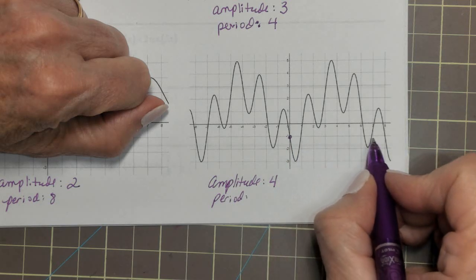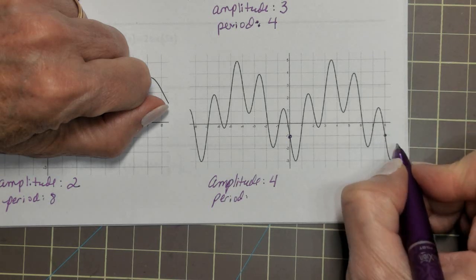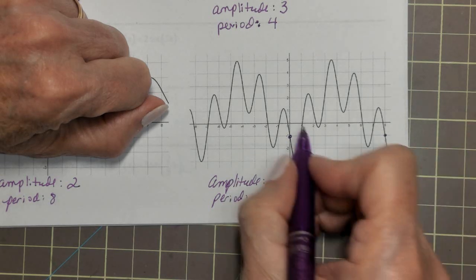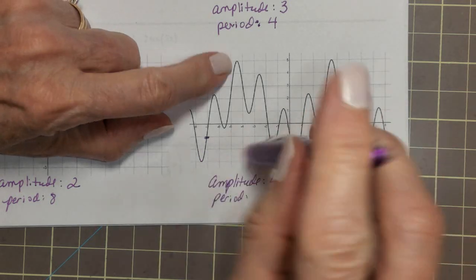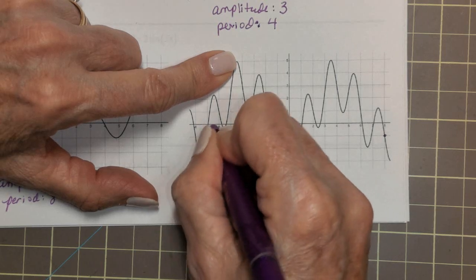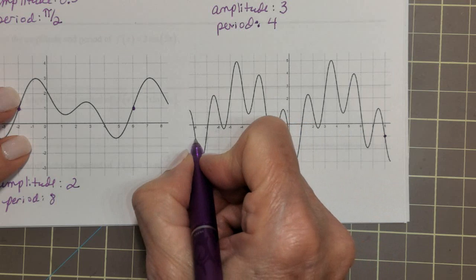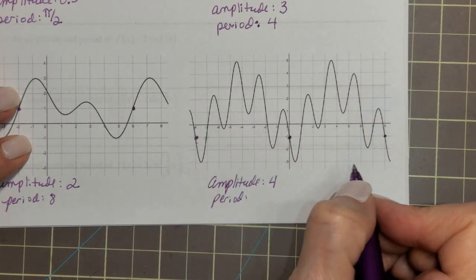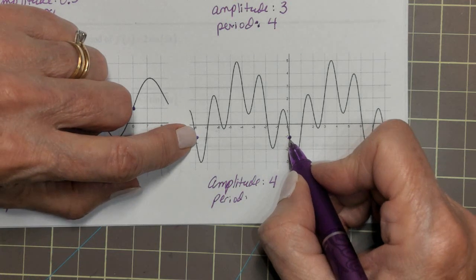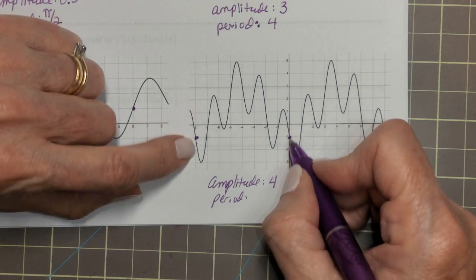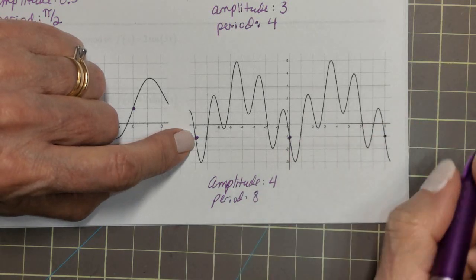It's hard to tell from this side, but I'm wondering if it's right there. Let's go the other way. Oh, no, not there. The next one over, huh? Right here? I think so. I think that this distance is the period. So what is that distance? That distance is 8. So the period is 8 units.